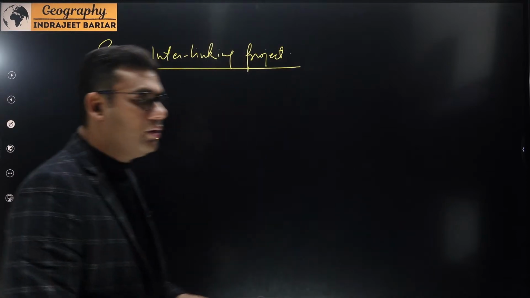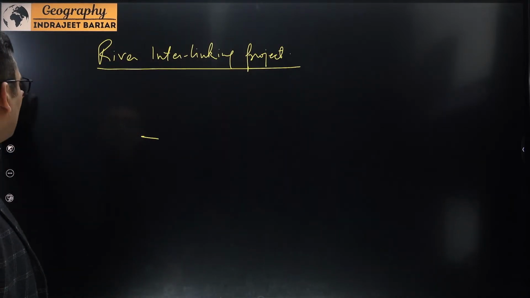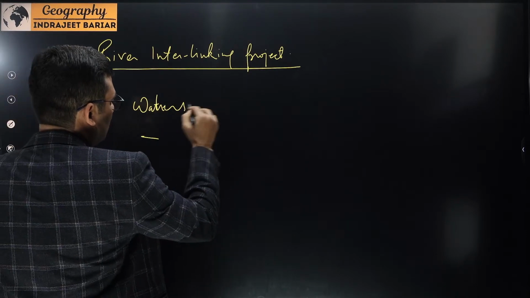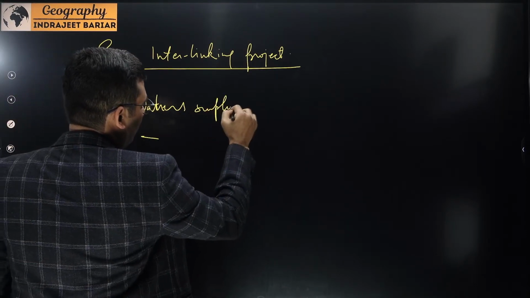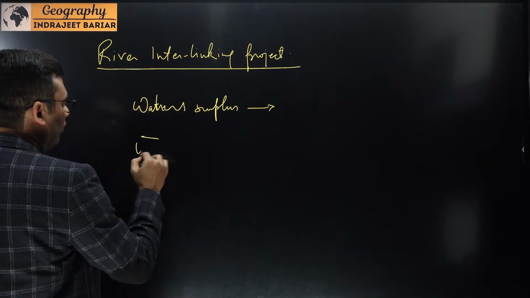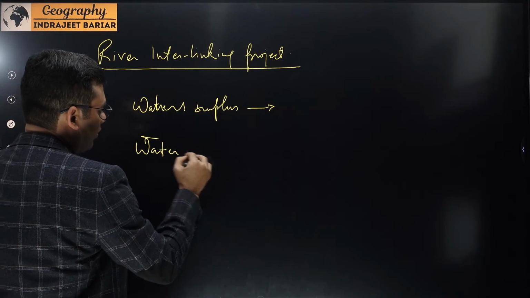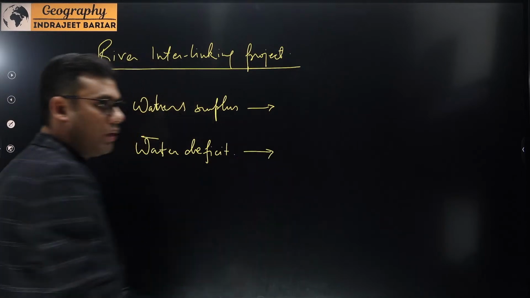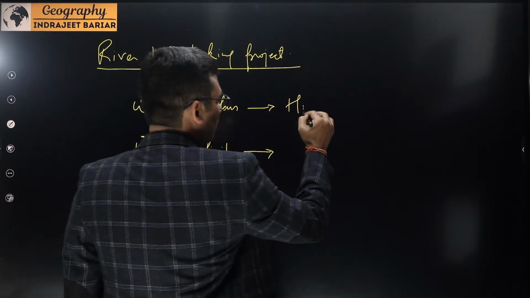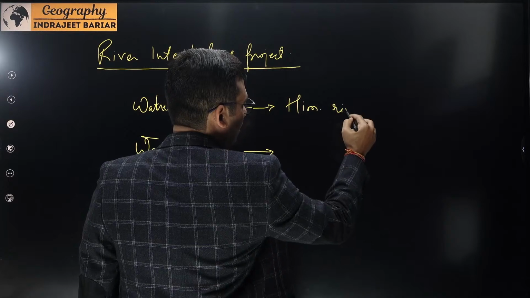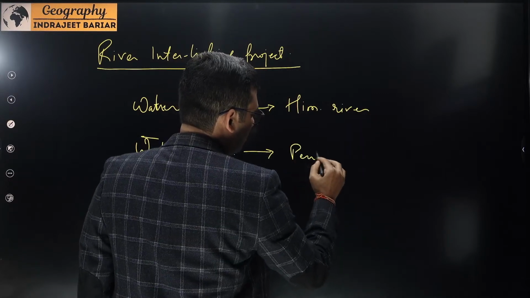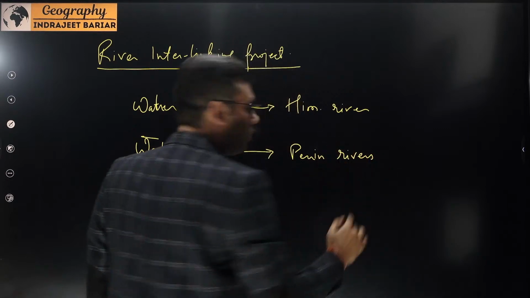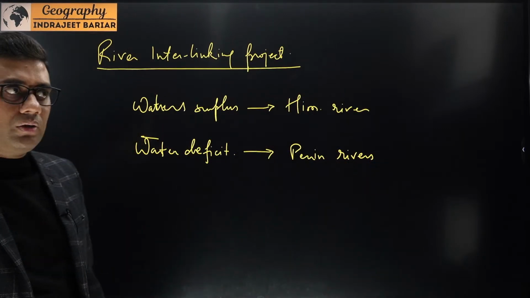Now, under this river linking project, the water surplus basins and water deficit basins, on a broader view, water surplus basins would be identified as the Himalayan rivers, and the peninsular rivers, which are seasonal rivers, would be recognized as the water deficit basin.